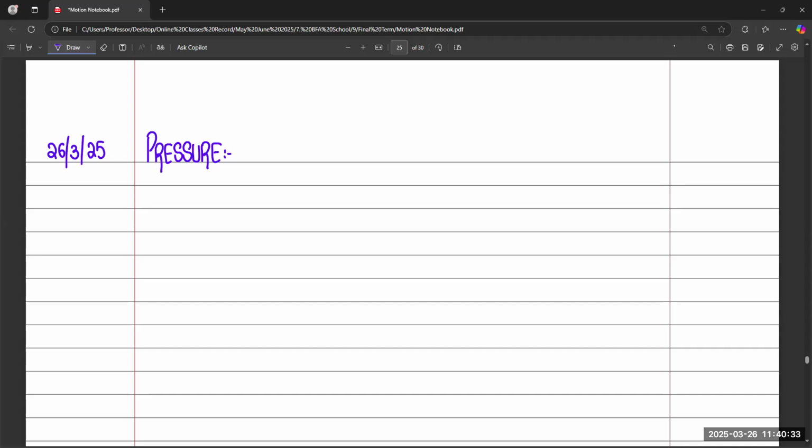So the first one is pressure in solids. The definition of pressure in solids can be defined as the force acting per unit area.